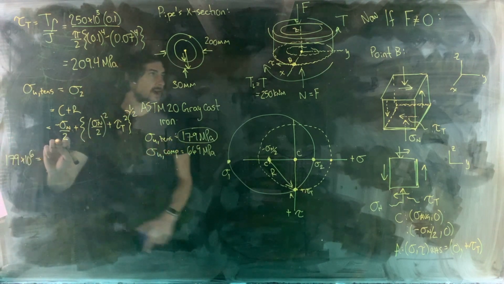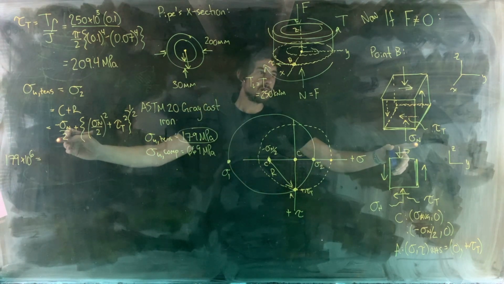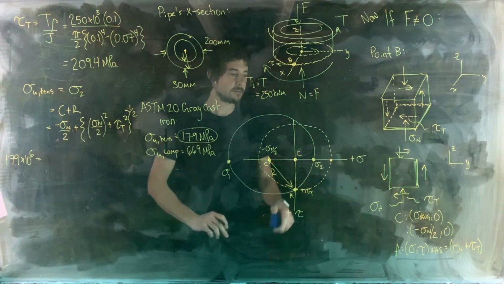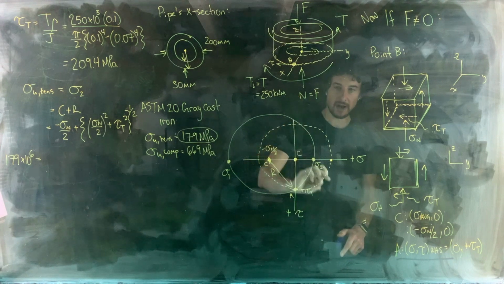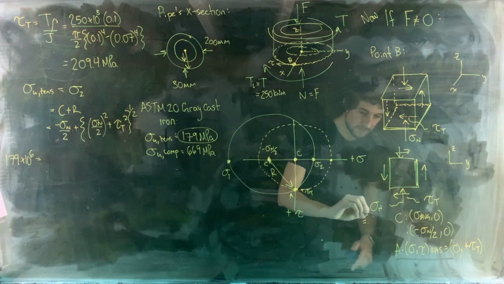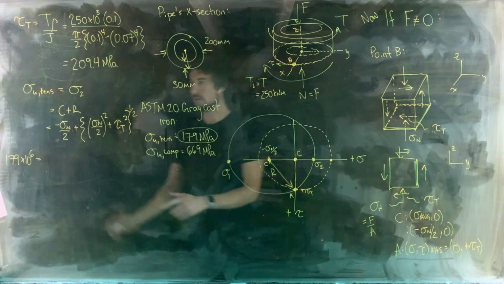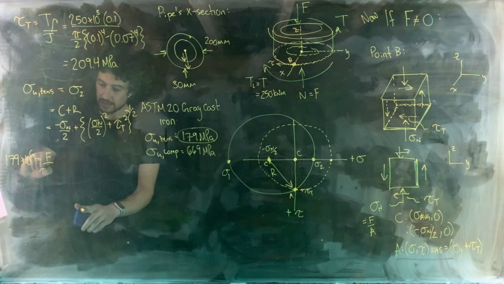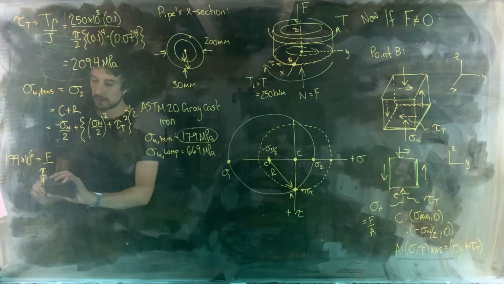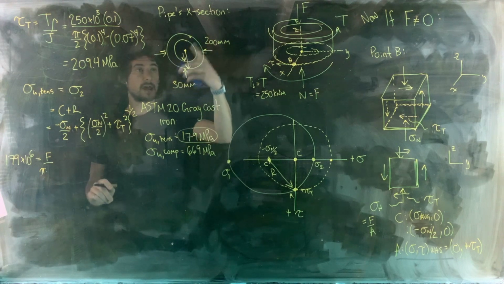Sigma n divided by 2. Sigma n is going to be equal to what? Sigma n here is equal to n divided by a, which is F divided by a. So let's put that in. F divided by a. What's a? A is pi over 4, or we've got diameters or radius.